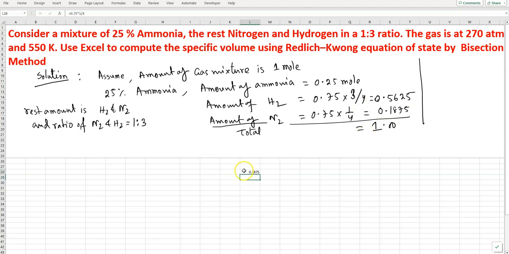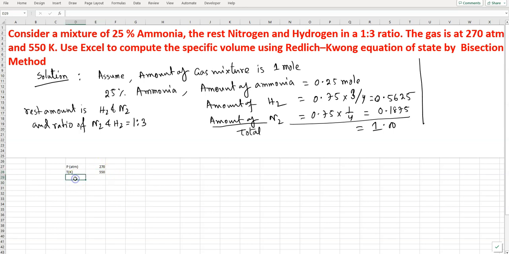Now what is given? P is given in atm, that is 270. And T is also given in Kelvin, that is 550.